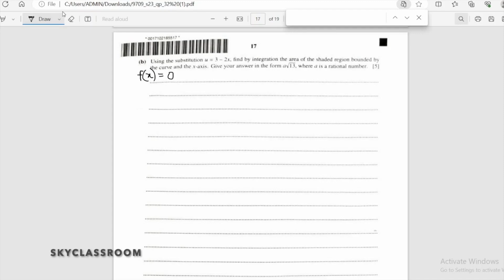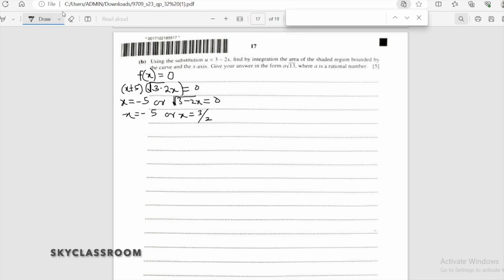The curve is x plus 5 times the square root of 3 minus 2x equal to 0. It's like a quadratic equation, such that x will be minus 5 or the square root of 3 minus 2x will equal 0. At the end of the day, x will be minus 5 or x is 3 over 2.